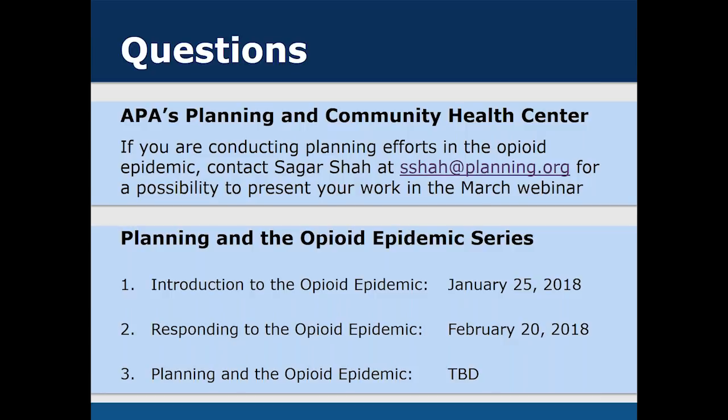In Vermont, they've used a hub and spoke model, where there's a hub where people go to seek treatment for their initial getting onto Suboxone and doing some of the initial work, and then they can continue their treatment through their primary care provider.